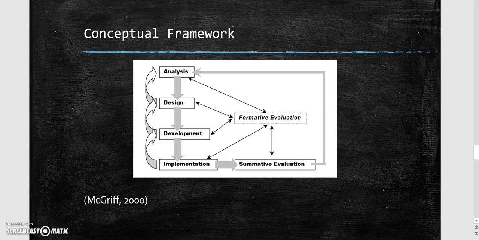For instance, we may get through analysis, design, and development, and we do a formative evaluation and realize that the development of the course isn't working so well because of the timeline. So we might revert back to the design phase to redesign the course to work with the given timeline.